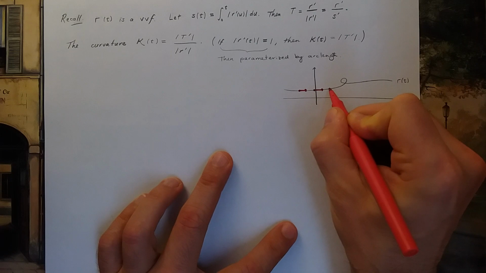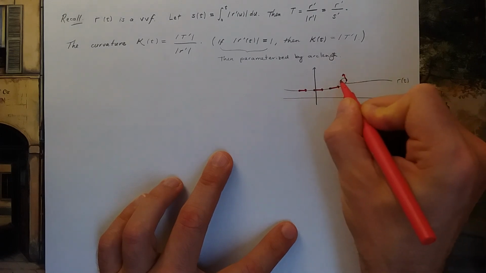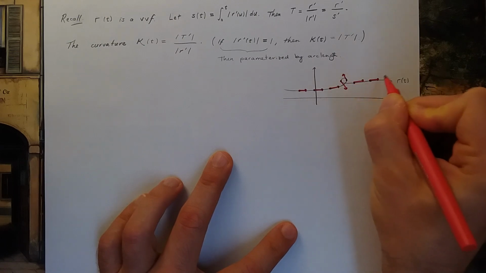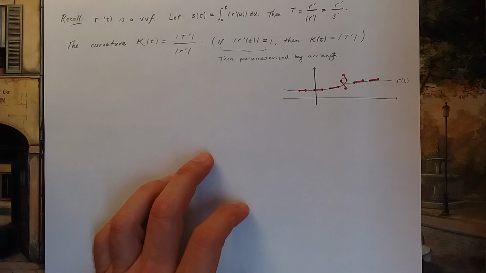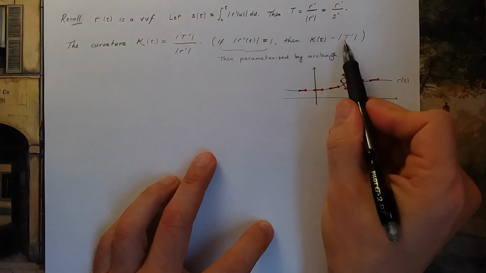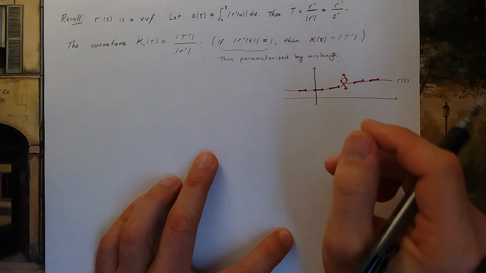So I'm going to draw a bunch of unit tangent vectors to this curve. So a unit tangent vector is a vector that's length 1 and in the direction of the tangent to the curve. The curvature is measuring how fast the unit tangent vector is changing.